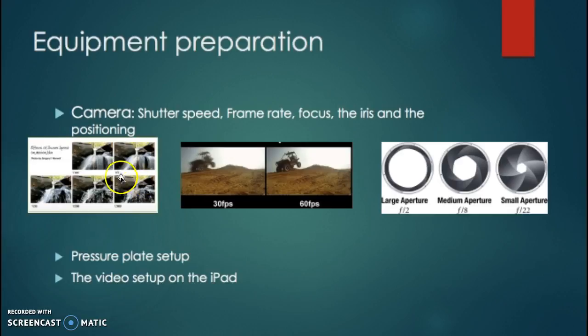As you can see in the image, this one is at a low shutter speed, so it's quite blurred. You can see the water's blurred. However, this one down here is a high shutter speed, so you can see there's a lot more detail and you can get a lot more precise readings of, in our case, how high we jumped, or if we bent our legs during an angle.